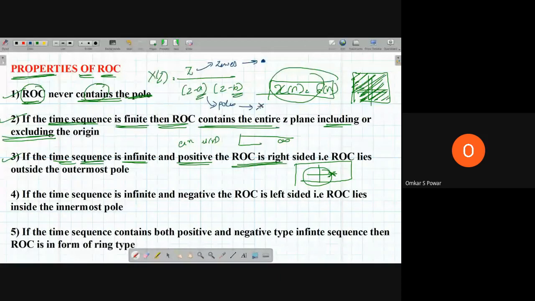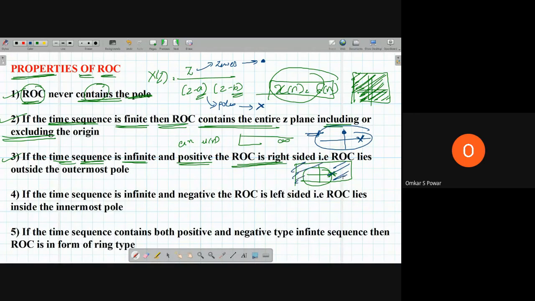If I want to mark poles on my Z plane, I'll mark like this; if I want to mark zeros, I'll mark like this. Remember this, as I'll be doing it in the sums, so don't think I have brought it from somewhere else. So if your time sequence is infinite and positive, ROC lies outside the outermost pole. It comes something like this.